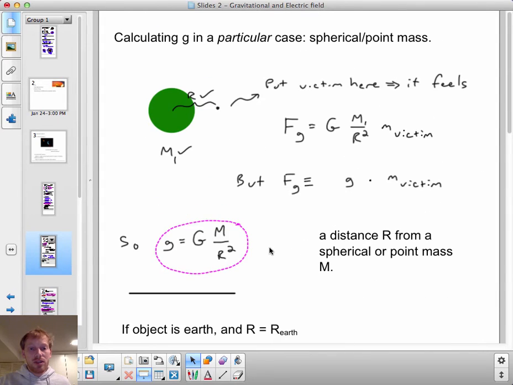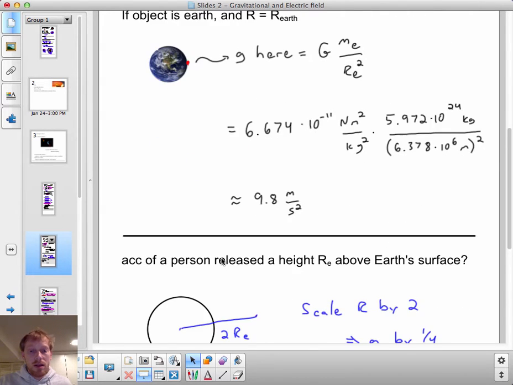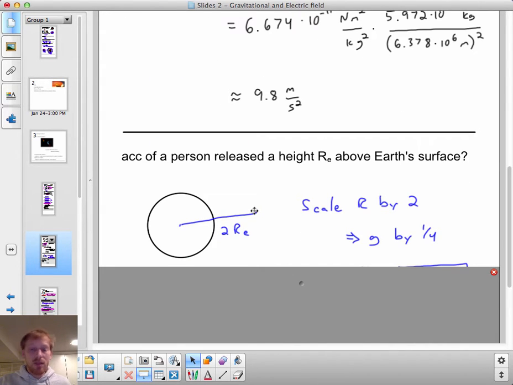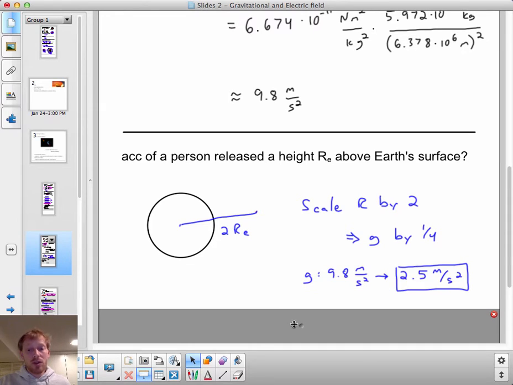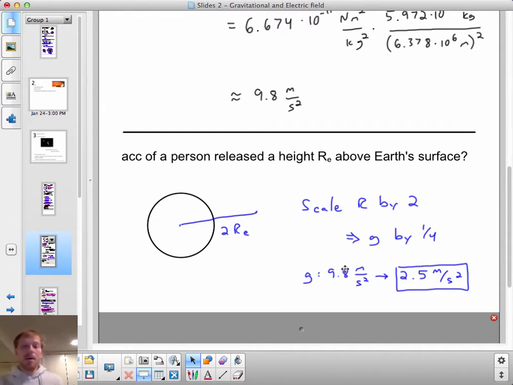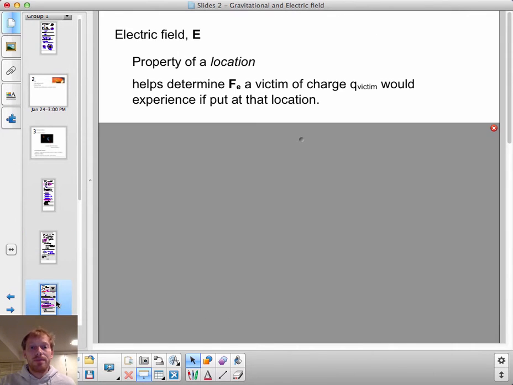So according to this formula for the gravitational field, for the acceleration due to gravity, when we double the distance from Earth's center, we should quarter the local gravitational field strength. We should quarter the acceleration due to gravity. So a person or a toy moose or whatever, released at that location would fall towards Earth with an acceleration of about 2.5 meters per second squared, a quarter what there is at Earth's surface.